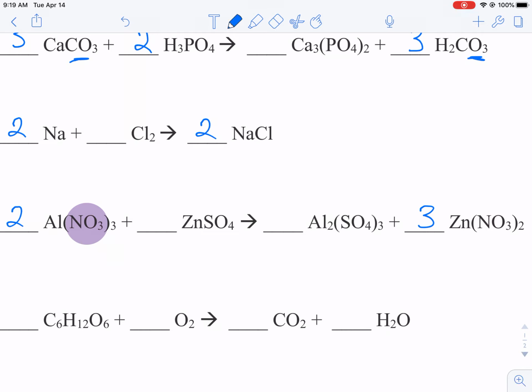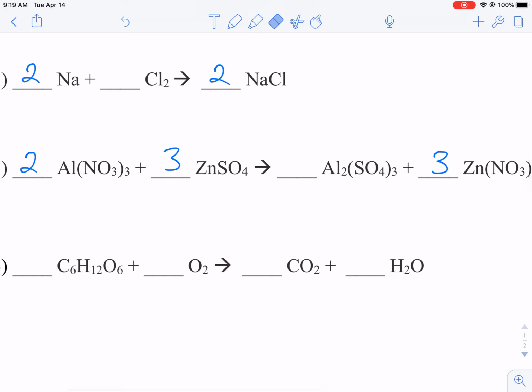Now, you already realized that changed my Zn. That made my Zn 3. So I'm going to put a 3 over here. And now, magically, if I look at my SO4s, here I have 3, and here I have 3. So this is now balanced. By balancing your metals first, then your polyatomic ions, it's balanced itself out.